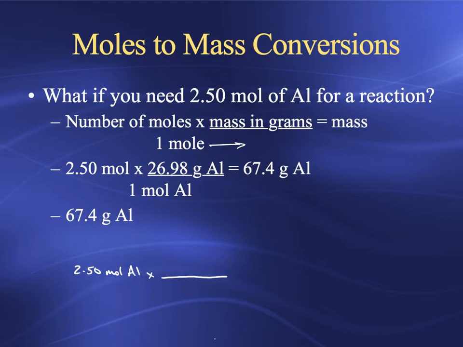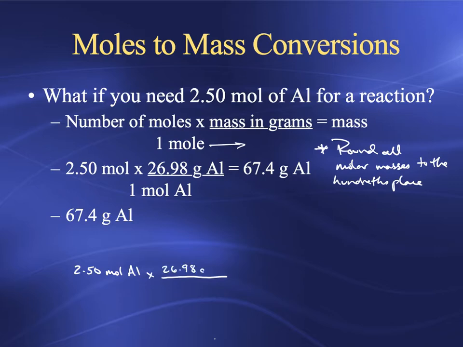For our purposes, and you can make a little note of this up here, we will round all molar masses to the hundredths place. So that's 26.9815 AMUs, and we will write that as 26.98 grams per every 1 mole. Now look what happens to my units for moles. They are going to cancel out. I'm left with a unit of grams.